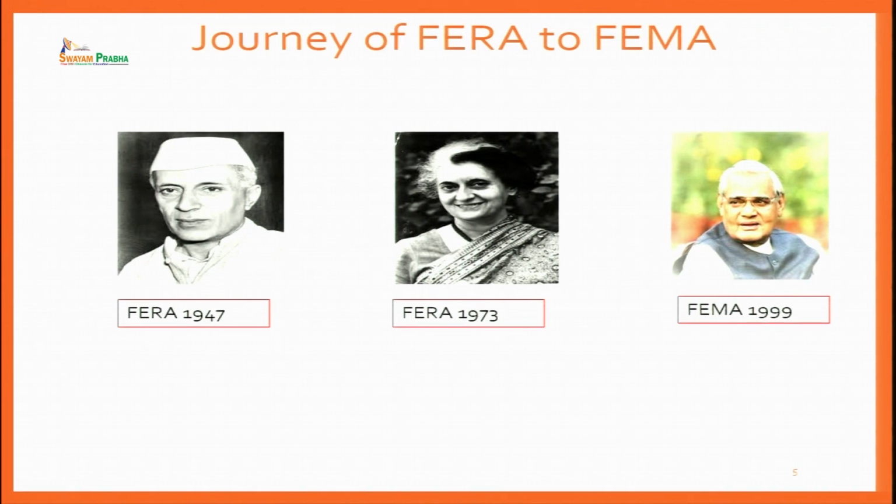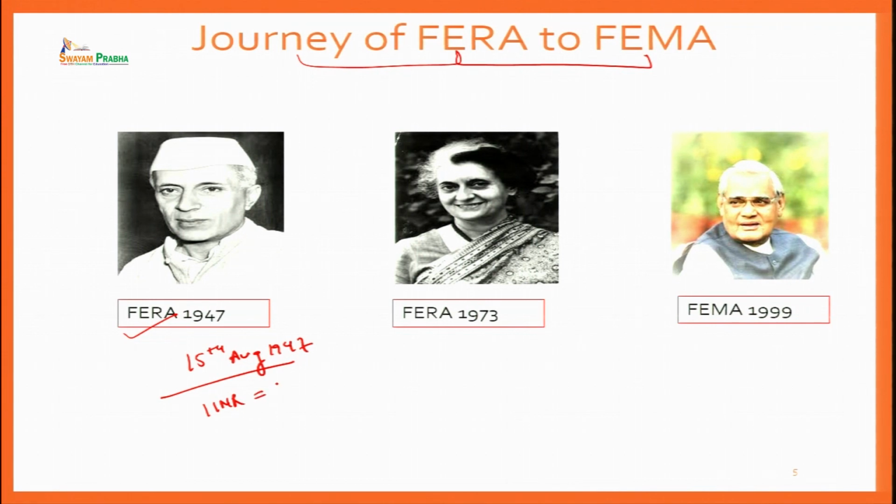Now, let's see why there was a need to move from FERA to FEMA. In the year 1947, and it would be very shocking for us to know, on the 15th of August 1947, a day of independence, 1 INR was equal to $1.